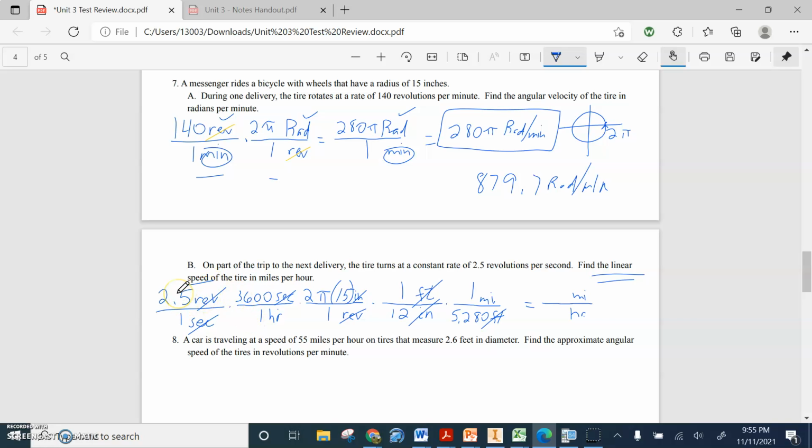So in that respect, we take 2.5 times 3,600 times 2 times pi times 15, and then times 1, but that doesn't change it. So we would get a number on the top by doing all of that. You do the same thing in the bottom, 1 times 1 times 1, 12 times 5,280. So you would get a big number on the top, another number on the bottom, and then your final answer would reduce. So if we do that, let's do that quick.